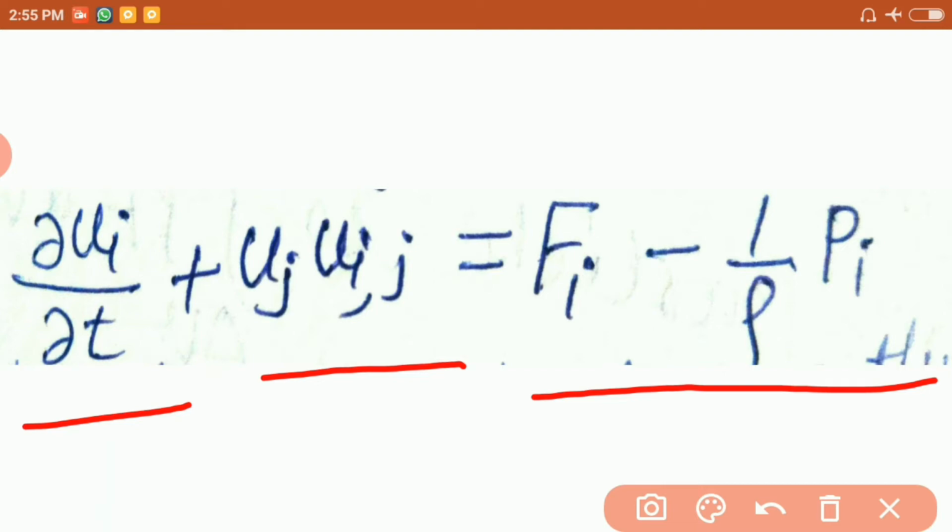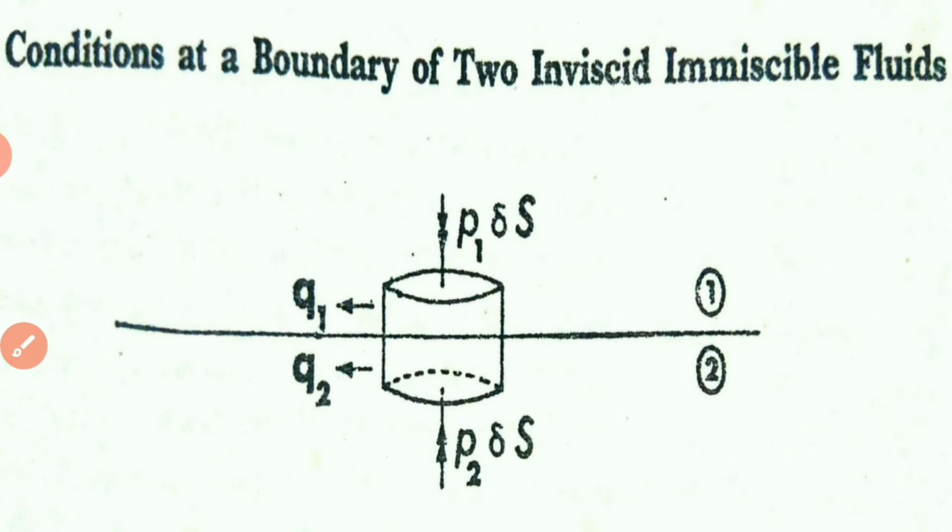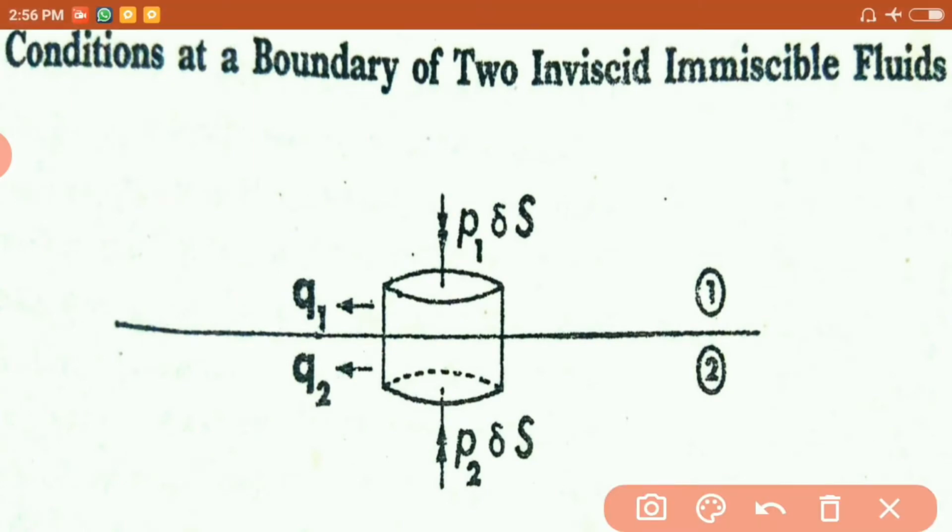Now we'll see the next article, that is the conditions at a boundary of two inviscid incompressible fluids. From this figure, two fluids are separated by the plane boundary, with velocities q1 and q2 respectively at P on the boundary.